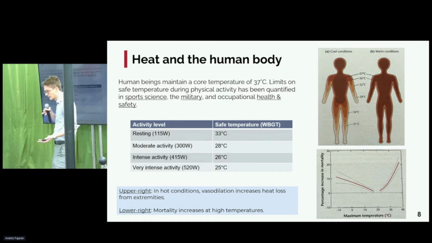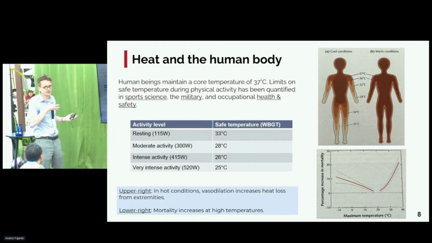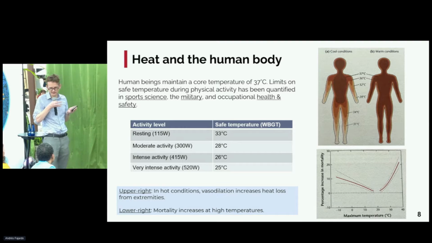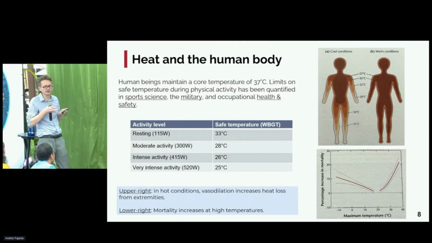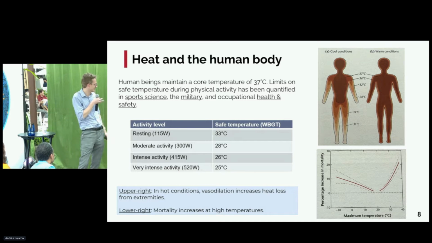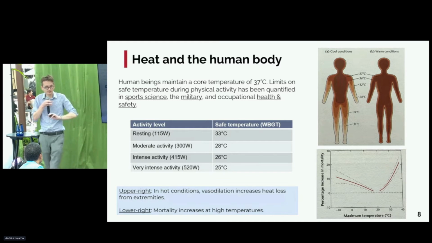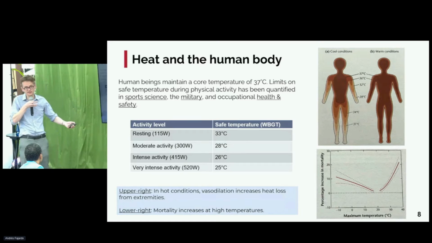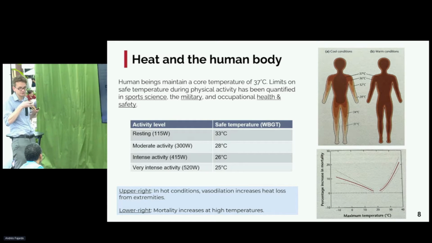The table here is showing you different wattage levels of physical exertion and what is a safe temperature. So if you're undergoing very, very strenuous sports and the wet bulb globe temperature is above 25 degrees, play should stop, because you can see health-related industries. So we need to learn from these fields and bring them into how we plan cities.